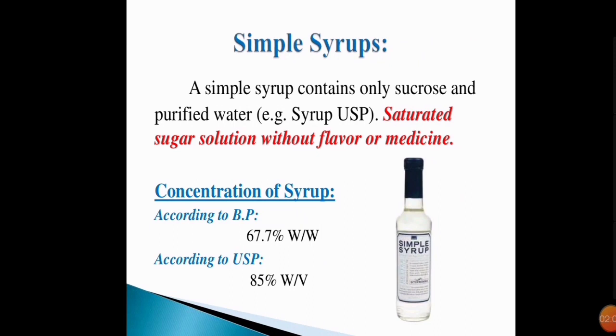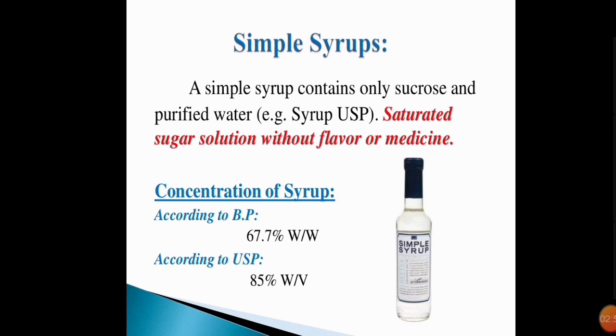A simple syrup contains only sucrose in pure water. The amount of sugar must be 85 grams of sucrose dissolved in sufficient water to make a final volume equal to 100 ml.